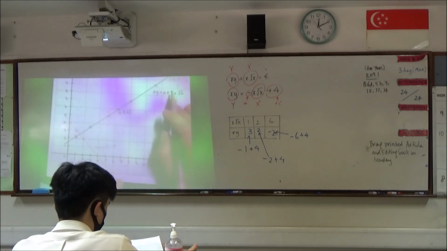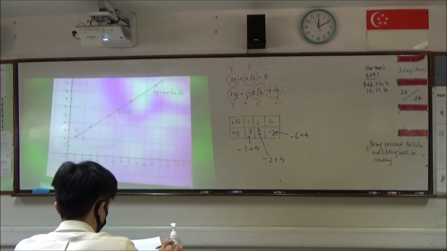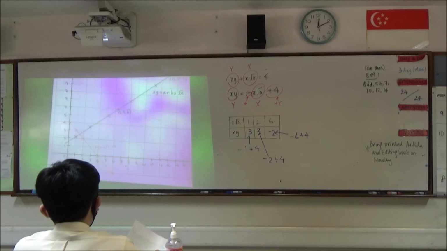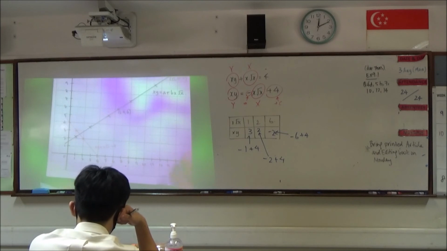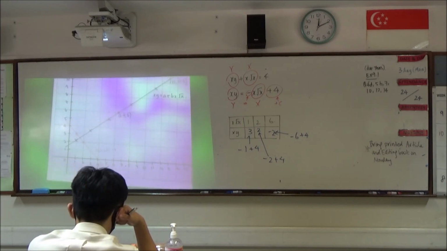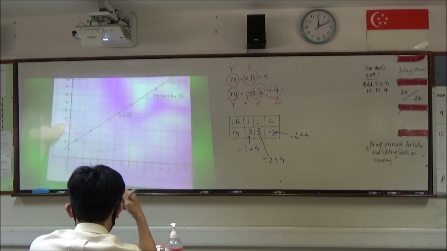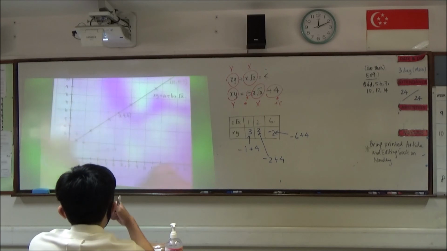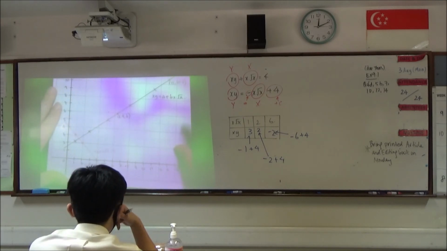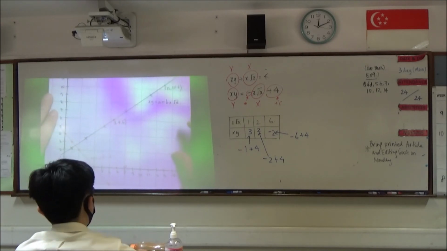Also okay. If you don't label, you are leaving it to the examiner to decide which one is correct and which one is wrong. If I choose this one to be your answer for part A, and this one for part B, then I don't give you any marks. So please label. Don't sacrifice yourself.